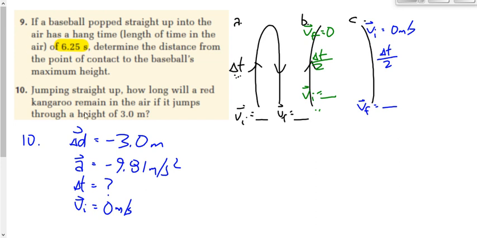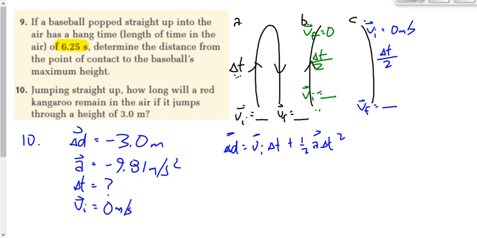Okay. What do you want to do? Oh, you know what I want to do? I think I want to say d is equal to VIT plus 1/2 AT squared, don't I? Is that good? Why isn't that good? Oh, you know what?